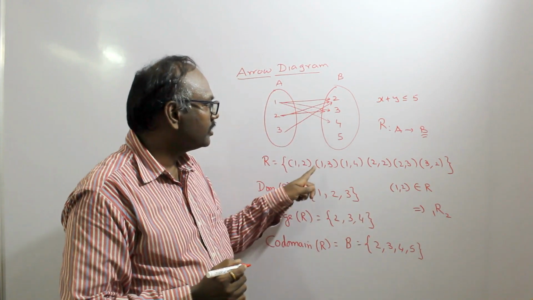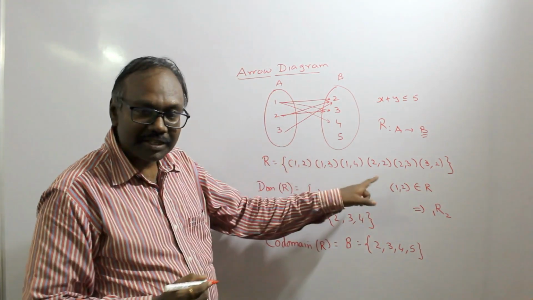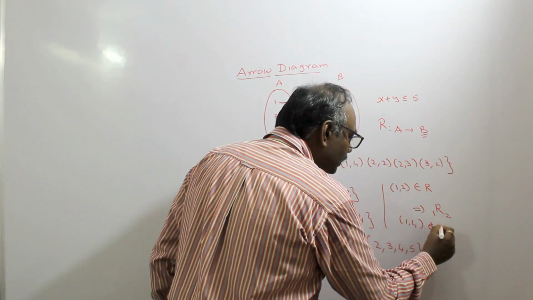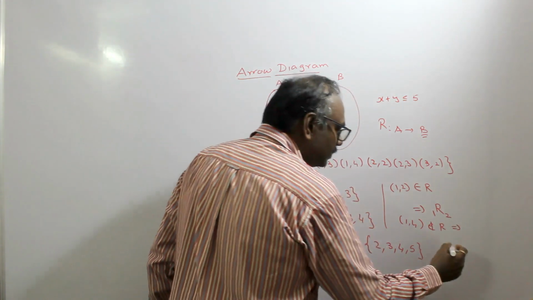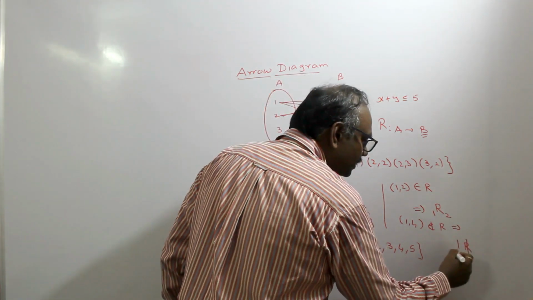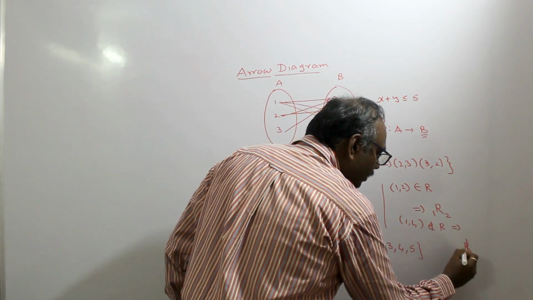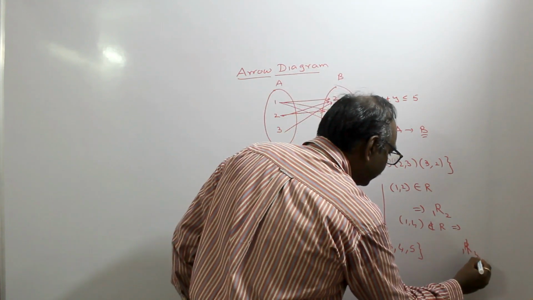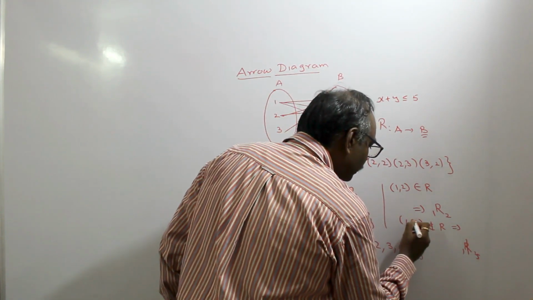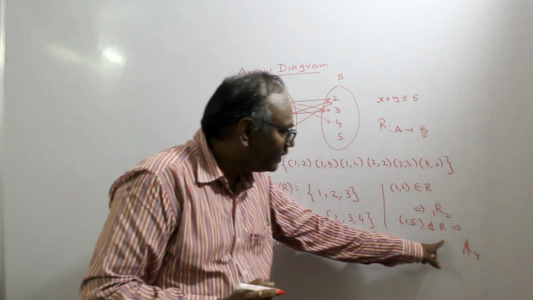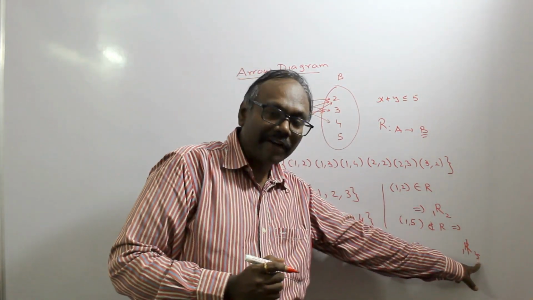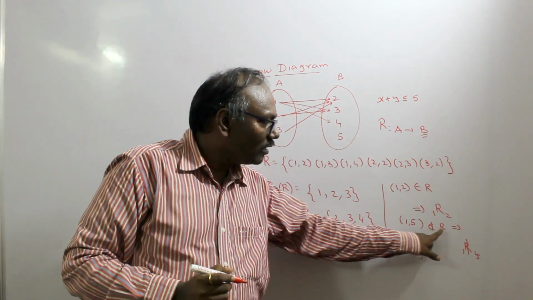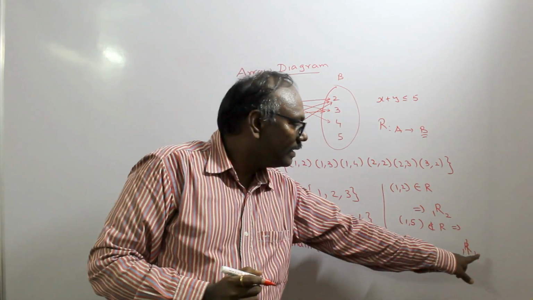Now if you see in this relation, (1, 4) is not in this relation. Sorry, (1, 5) does not belong to R. So I write this as 1 is not R related to 5 because (1, 5) does not belong to the relation R. So I write (1, 5) does not belong to R implies 1 is not R related to 5.